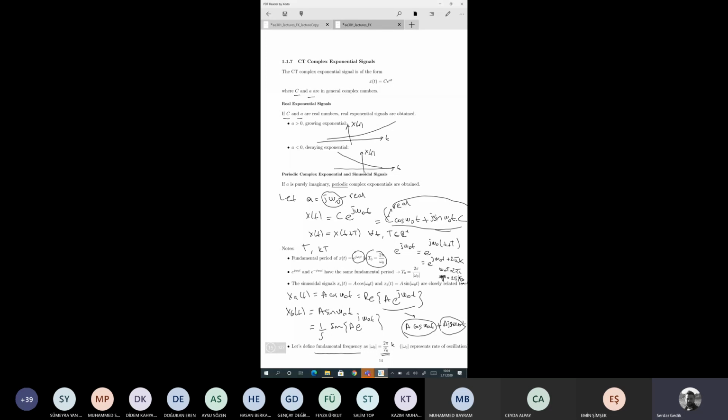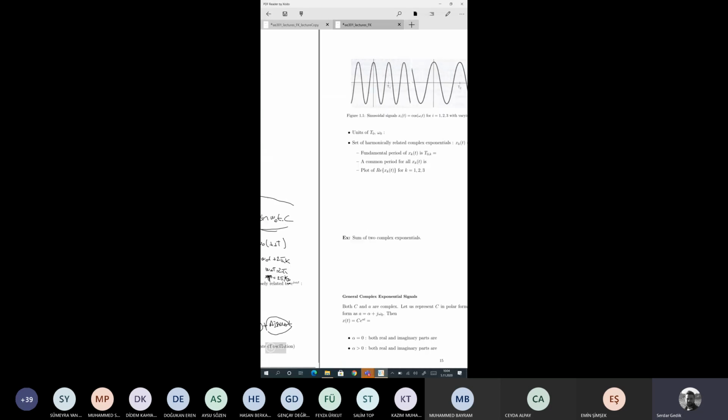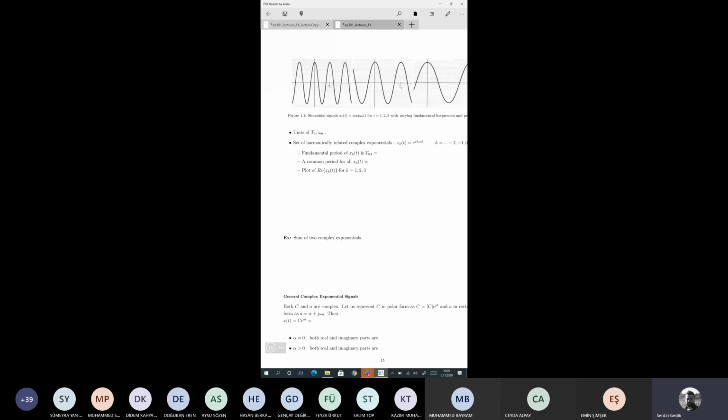If I divide 2 pi by the fundamental period, I have the fundamental frequency. As for units, if t0 is in seconds, then omega 0 is in radians per second.